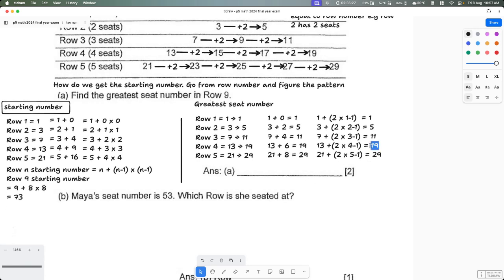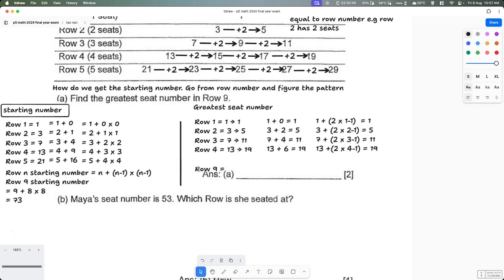Okay, so that means let me remove the row 5 so I can have space. So that means row n, and so row 9 is equal to, in this case, 73.